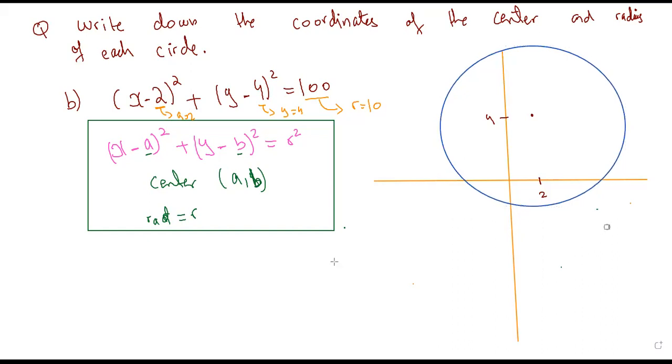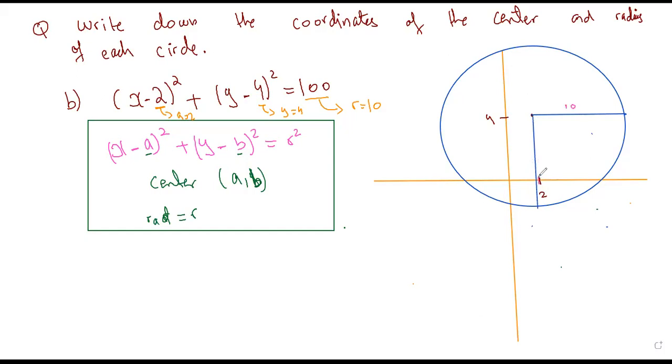Right. Now we know that the radius of the circle is 10, right? So this distance would be 10. Let me just make a horizontal line just so we can find the x coordinate as well. Okay, this is 10. This is also 10. Now we know that this distance is 10.